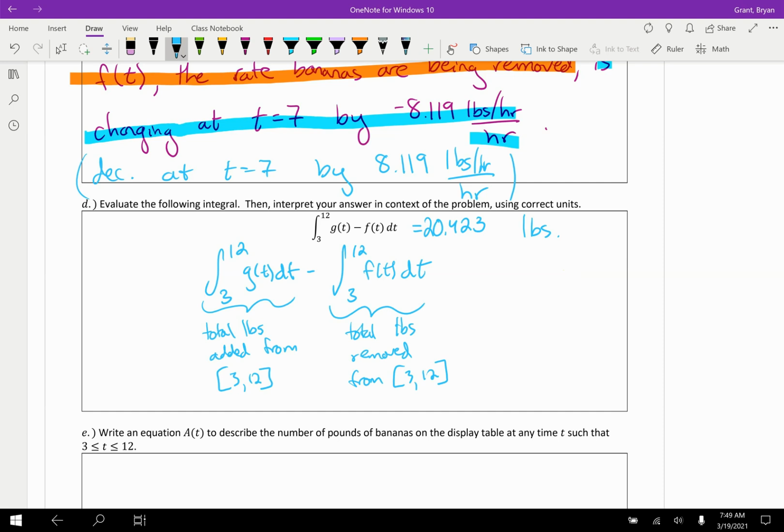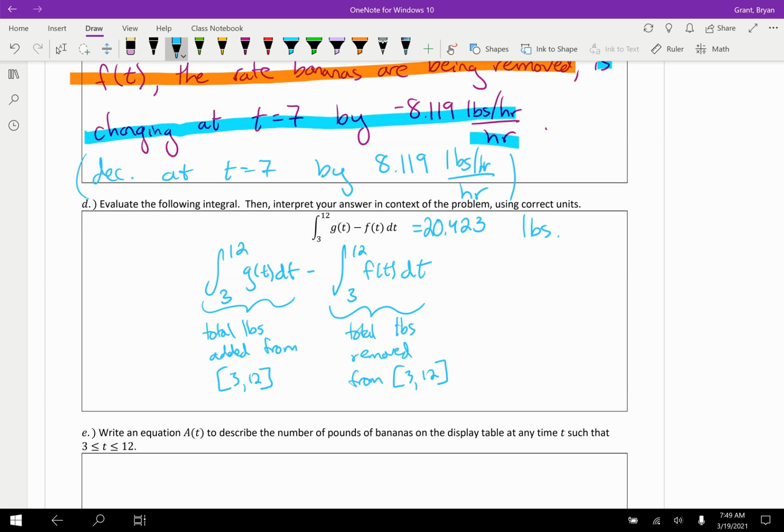Well, if we just looked at the table from 3 to 12, then it's going to tell us the total number of pounds on the table almost. I can't say exactly, though, because we don't know how many pounds are on the table from 0 to 3, so maybe this is a better way to think about the displacement of the table, right?